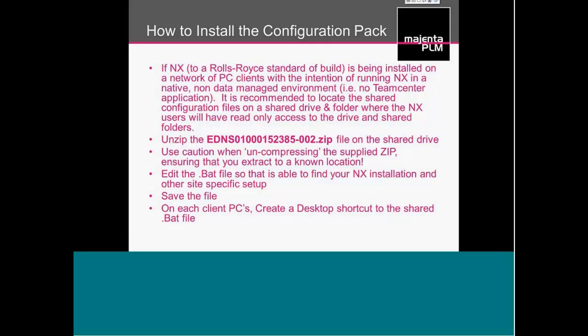If you're working in a client-server type environment where you have more than one PC that you need to configure, then you might want to take the time to download and unzip this to a shared folder on a server, and then have the various PCs accessing the same set of files. So you'd only need to maintain one set of files.